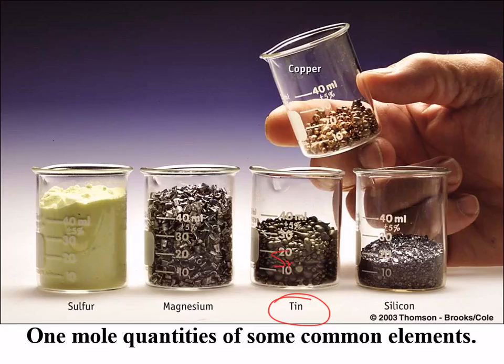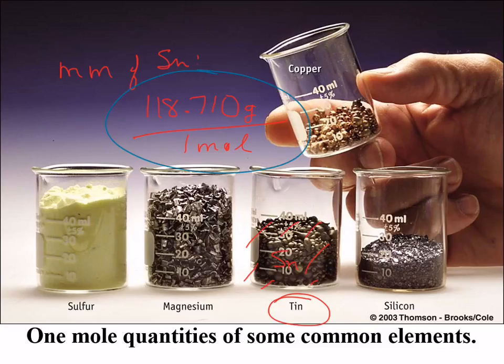So what's the decimal number for tin? 118.710. Great. Okay, so for tin, and if you see me write MM, that means molar mass. The molar mass of tin is 118.710 grams per 1 mole. That's it. Ding, ding, ding.